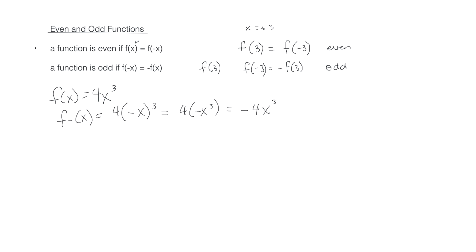Okay, so already we know it's not even because f of x is 4x cubed and f of minus x is not the same thing. It's minus 4x cubed. So it's not even. Let's see if it's odd.